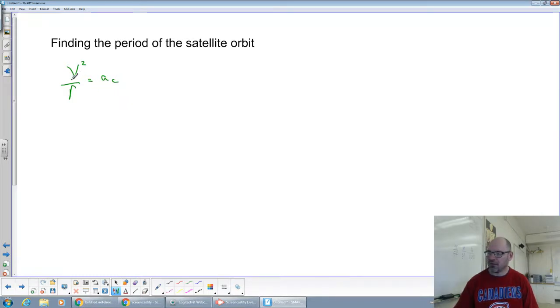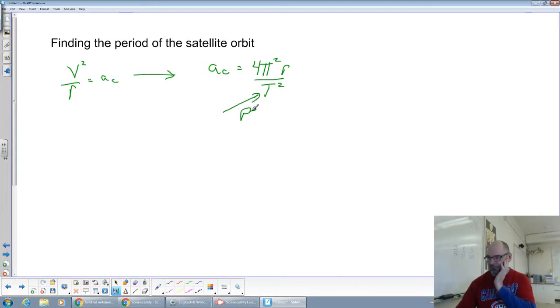And if you break it down into some geometry of spheres and so forth, you can say that a_c is equal to 4 pi squared r over t squared. This is basically a geometric equation that is equal to this, where t is the period of the satellite.